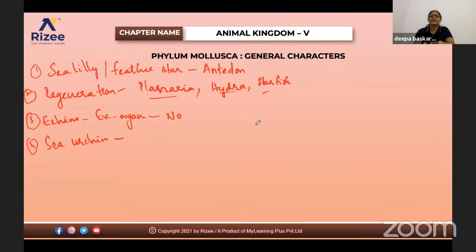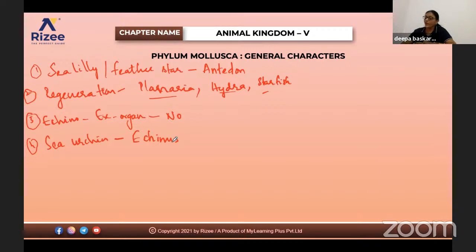Yes, Cnidarians. Very good. Tansila, Cnidarian. Sea fan is a Cnidarian. Sea urchin scientific name is easy, Echinus. So options given here are Echinus, Cucumaria, Ophiura, Antedon. All are echinoderms. In that, sea urchin is Echinus.